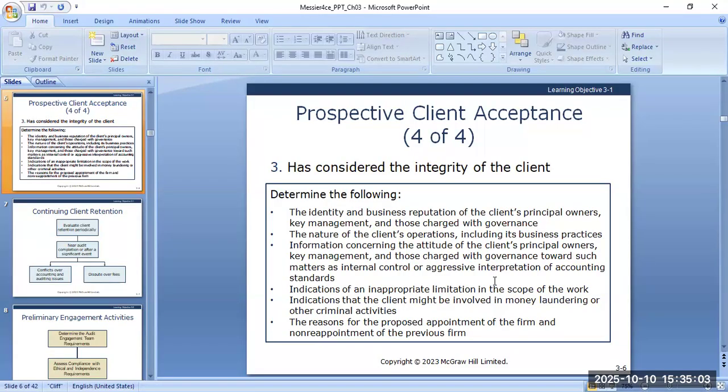And the reason for the proposed appointment of the firm and non-reappointment of the previous firm. So what that means is every company is going to approach us for a different specific activity. They may want an audit, or they want some other reports related to some other specific things. The question is, what's the reason for that appointment when the company comes?